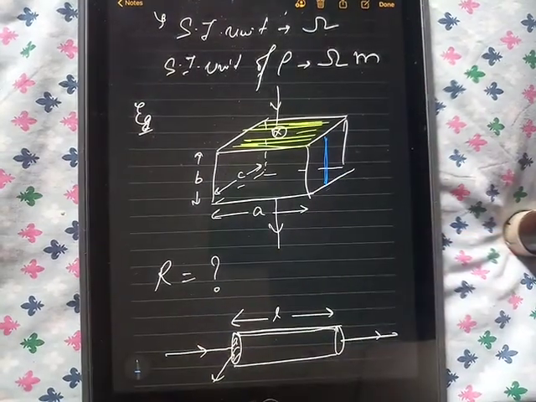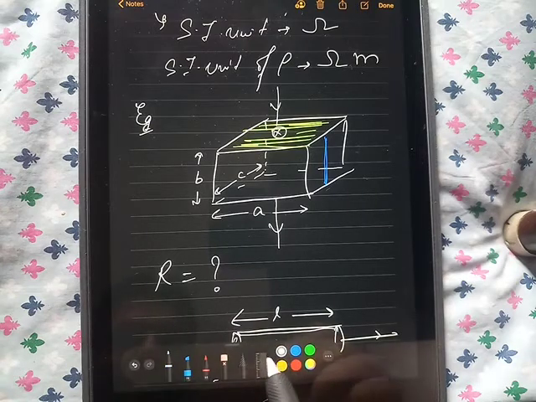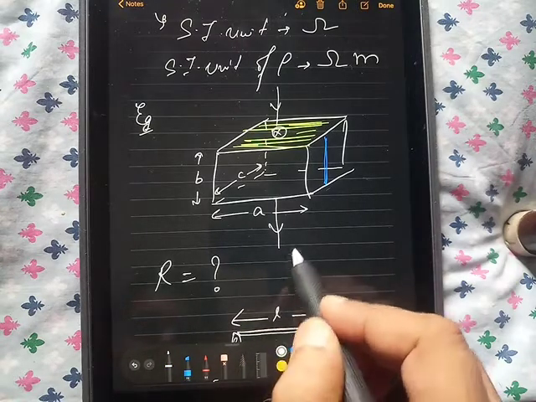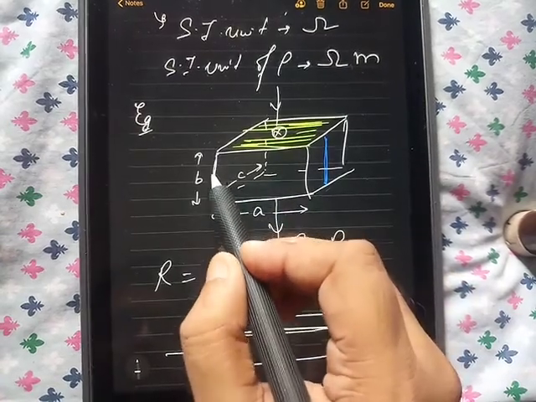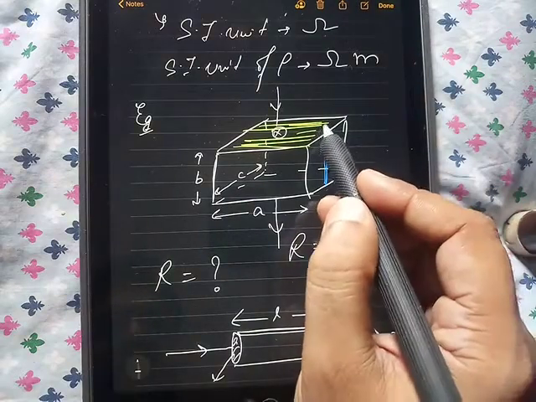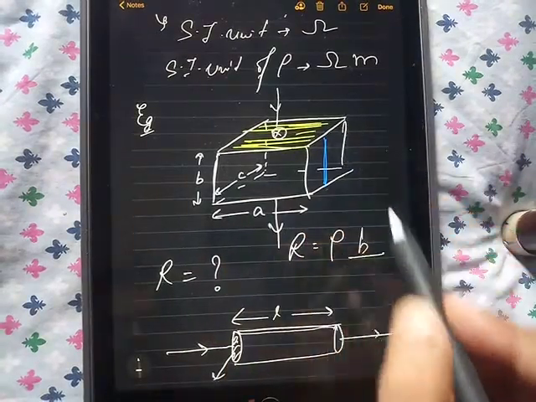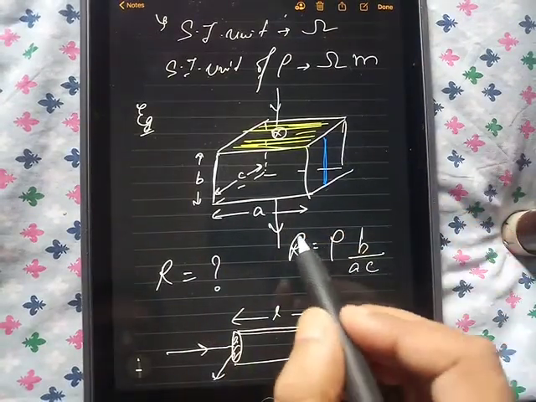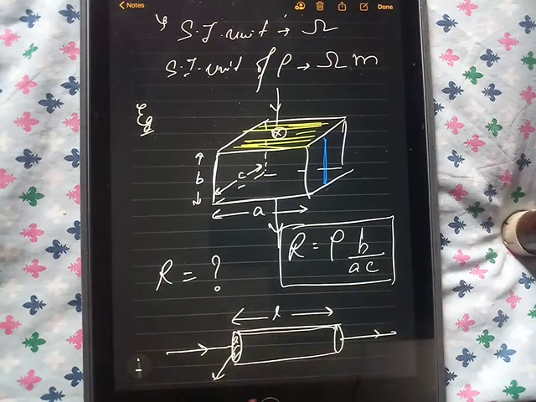So how can we write the formula? We can write the formula as R equals rho, the length will be this one, that is B, by the area of this face, which will be A into C, that is AC. So this gives the resistance of the given conductor.